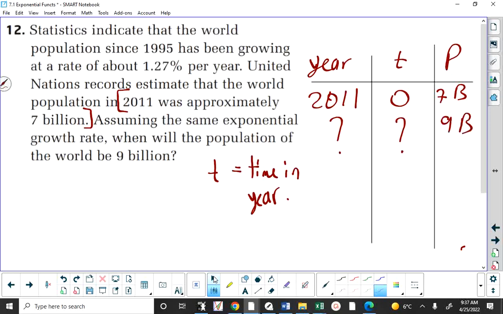So what we need to do here, t is the time in years, and y is the population in billions. You okay with what I'm communicating there? So what we need to do is come up with an equation connecting the time and the population so that we can put 9 in for y and determine the time.